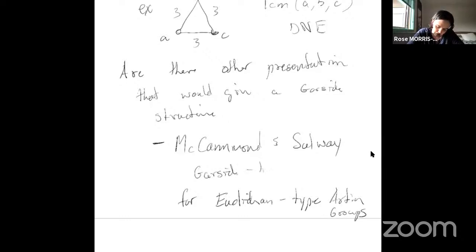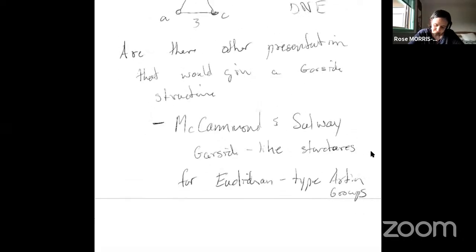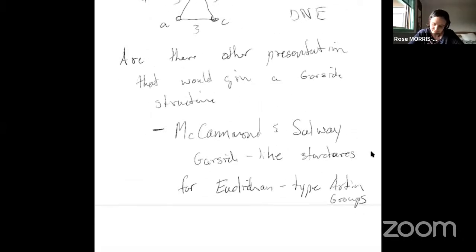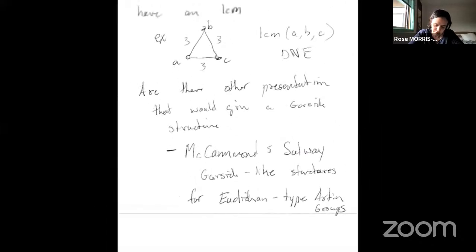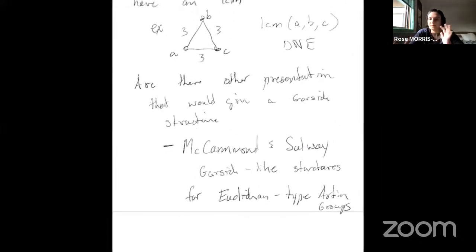So this is the closest thing that we have to this. But there's a lot of potential, I think, if you could play around with different presentations and find a Garside structure for more Artin groups.